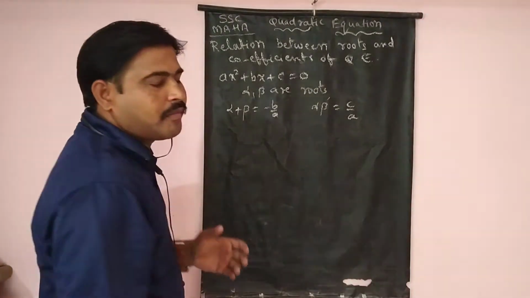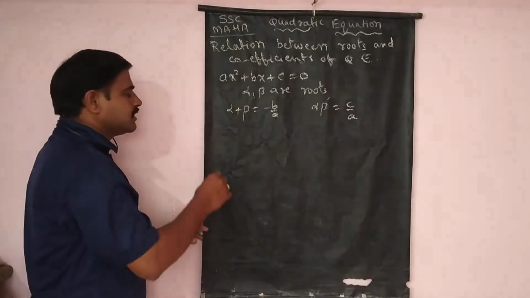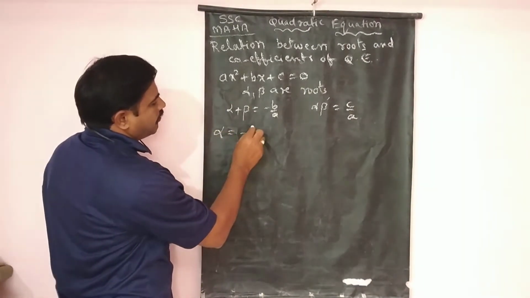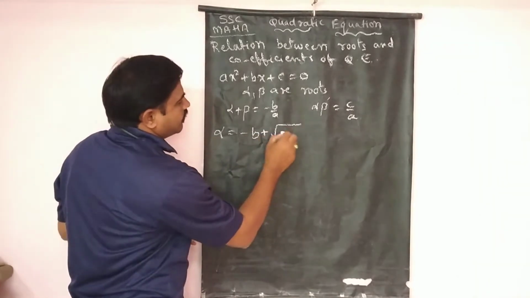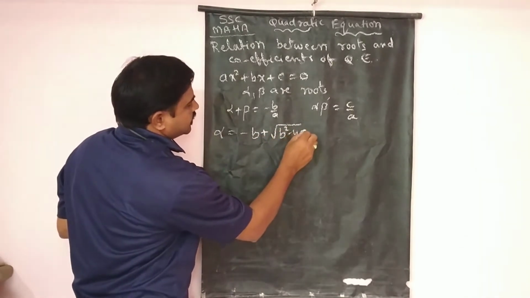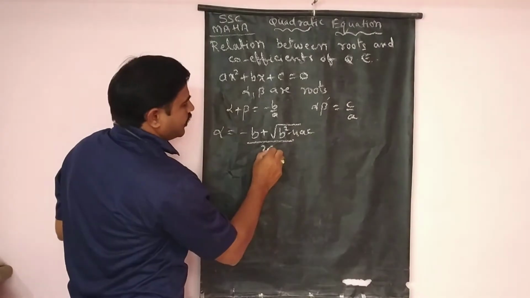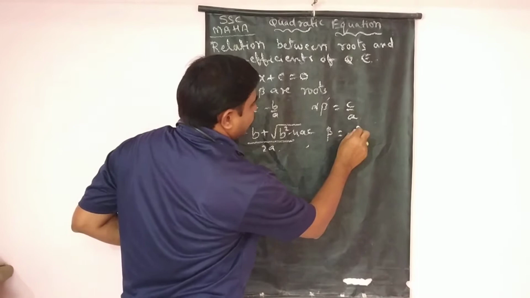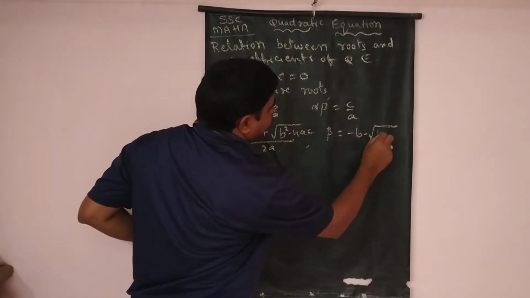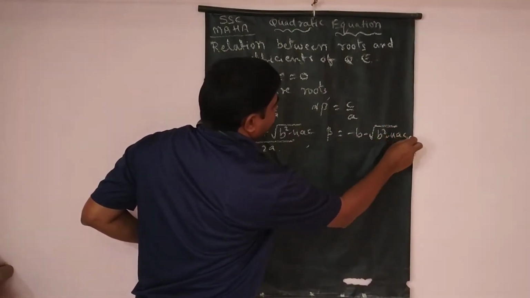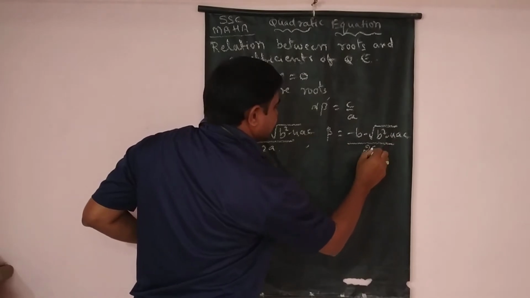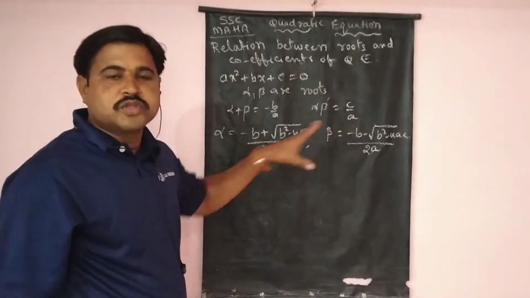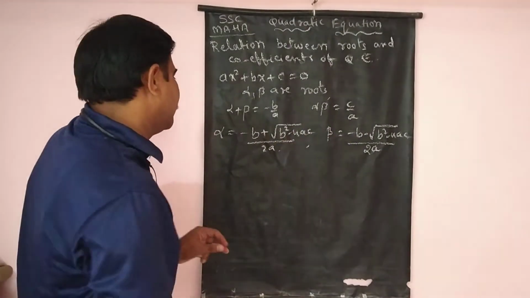You know the formula method of the quadratic equation. The roots should be considered as alpha is equal to minus b plus square root of b square minus 4ac by 2a, and beta is equal to minus b minus square root of b square minus 4ac by 2a. Both should be added.